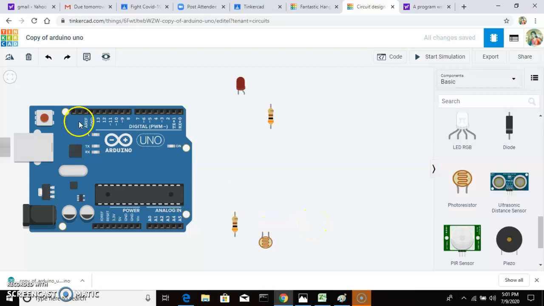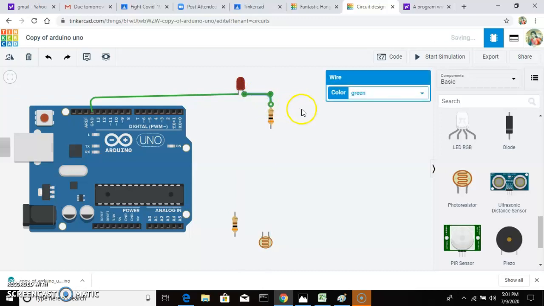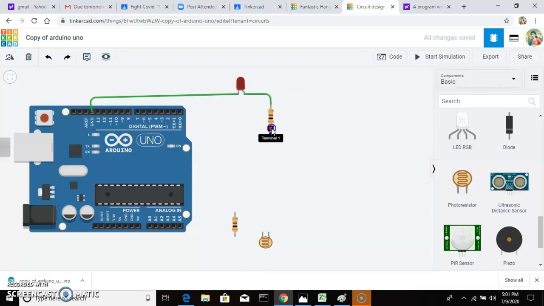Then we have to connect the circuit. The cathode of the LED should be connected to the ground of the Uno board, and the anode should be connected to a resistor, and the other terminal of the resistor should be connected to digital pin number 9.